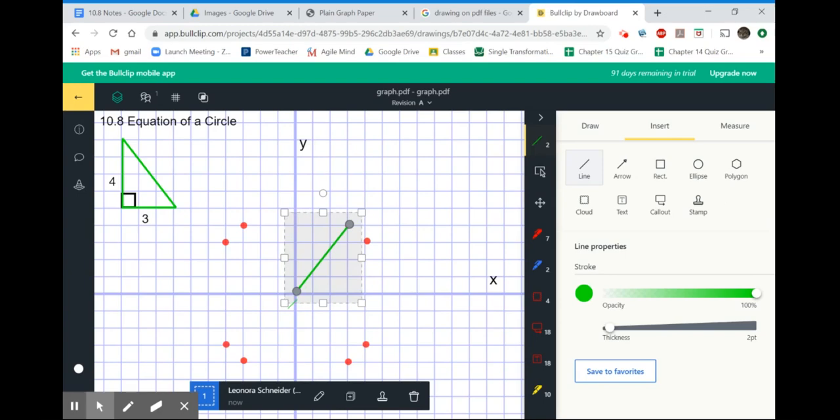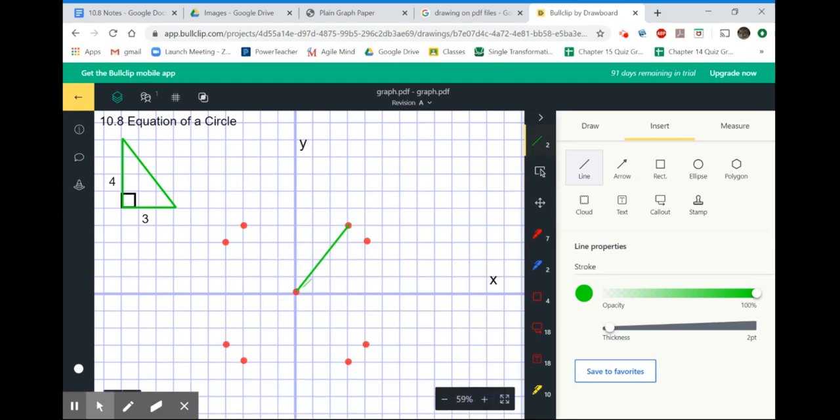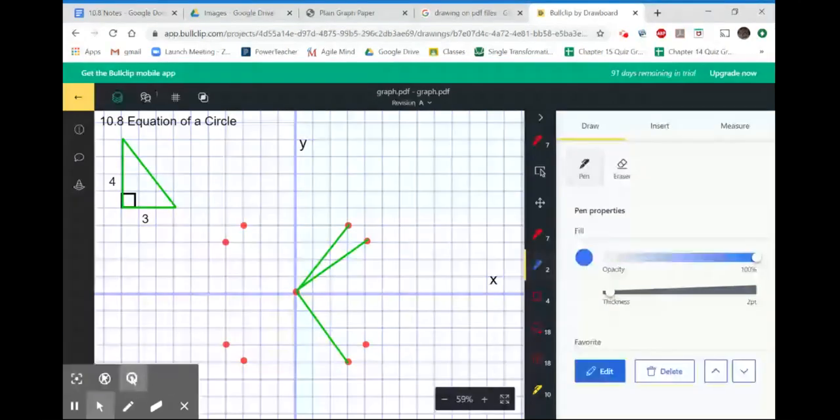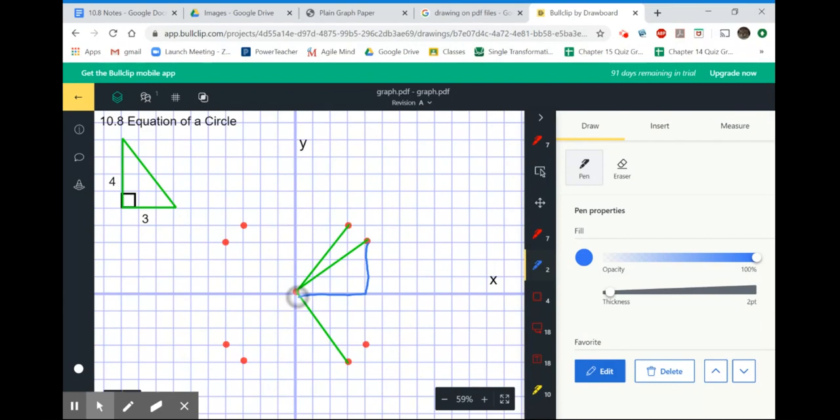Now, what do we know about the distance from 0, 0 to any of these points? So like that distance, for example, or this distance, or this distance. What do we know about all of those distances? Well, notice that for any one of them, I can draw a right triangle that is a 3 and a 4.